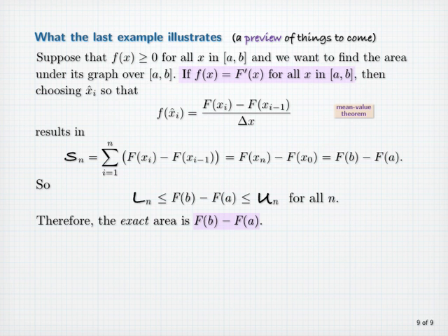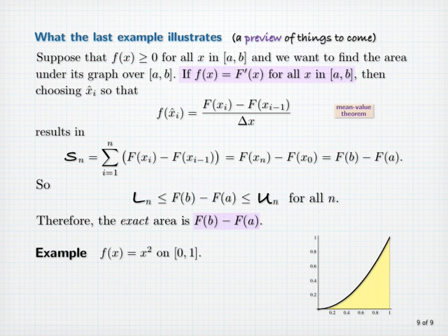So now let's look at a simple example. Let f of x equal x squared, and let's compute the area under the curve between 0 and 1. We'd like to know a function whose derivative is x squared. It's not hard to think of one. X squared is the derivative of 1/3 of x cubed, which is very easy to verify.